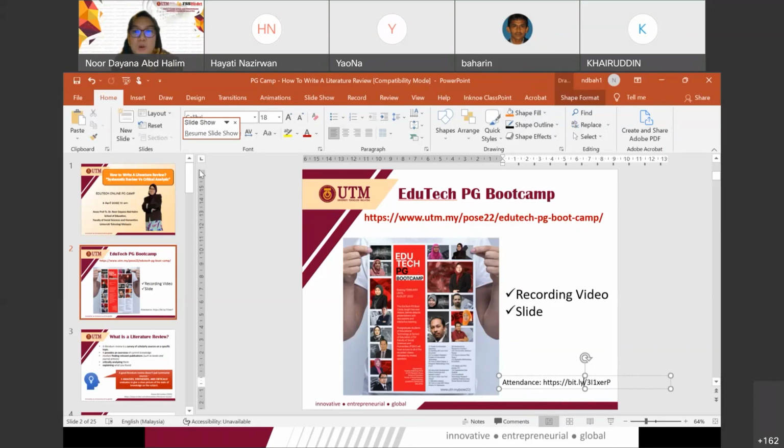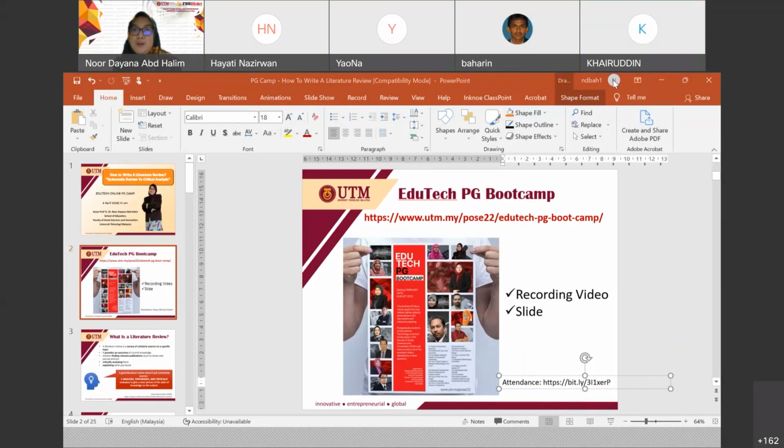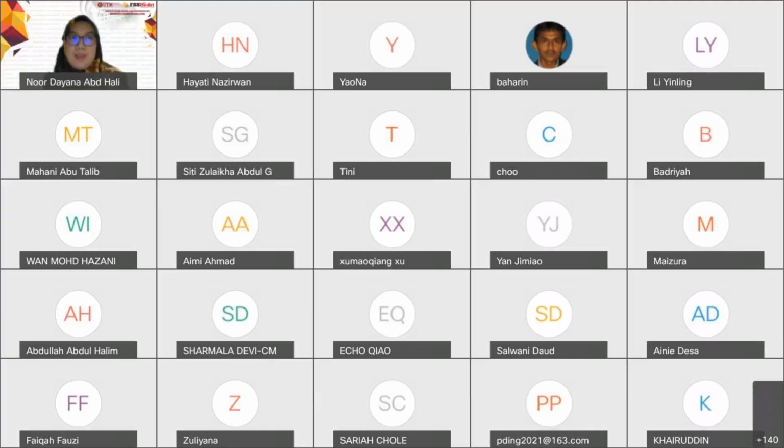I go to the chat box and I want to answer the question. If you have a question or you want to ask me, just unmute your microphone. I do remind that there is no correct or wrong way to do a literature review.